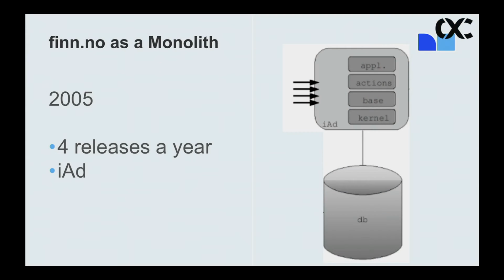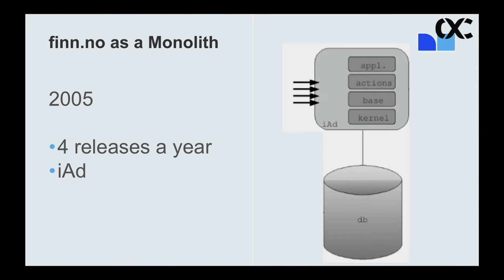So Finn started in 2000, and this is from 2005. Then we had this monolithic system. We had four releases a year, and each release lasted for six weeks. So we had the six weeks test period, and then we had the release, and everything stopped for a whole week when we deployed it into production.